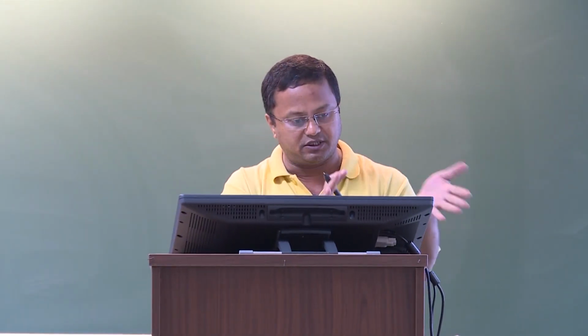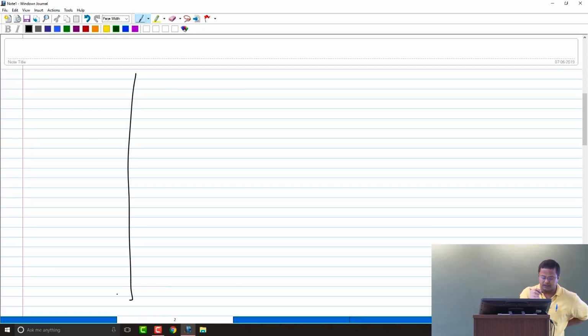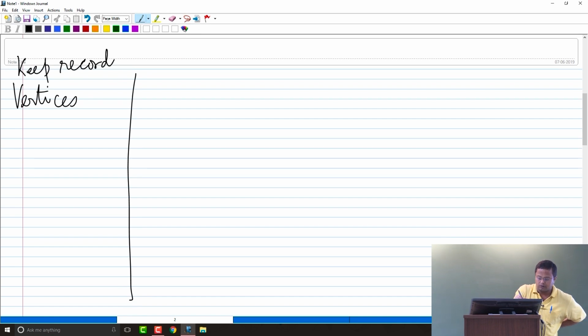I will try to do that in a geometric setting where you have a planar subdivision, and by storing this planar subdivision in this doubly connected edge list in a certain way, I am able to walk from anywhere to anywhere, and in that I would try to minimize the amount of storage that you do. Okay. So, what I have is edges, rather I have vertices. I will keep records for vertices, edges and faces.